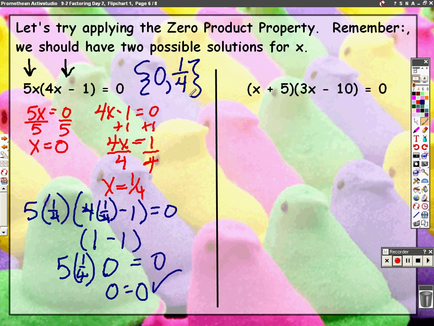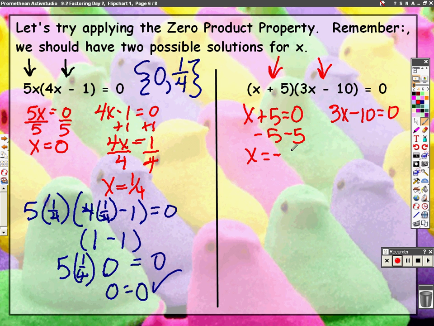Let's try another example. We again have two factors, x plus 5. We set that equal to 0, and 3x minus 10 equal to 0. Okay? Minus 5, so x equals -5. 3x equals 10.